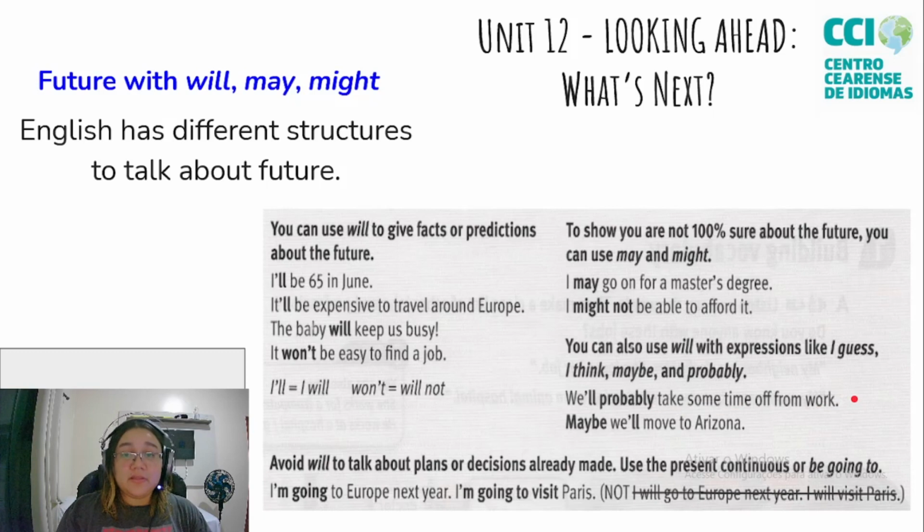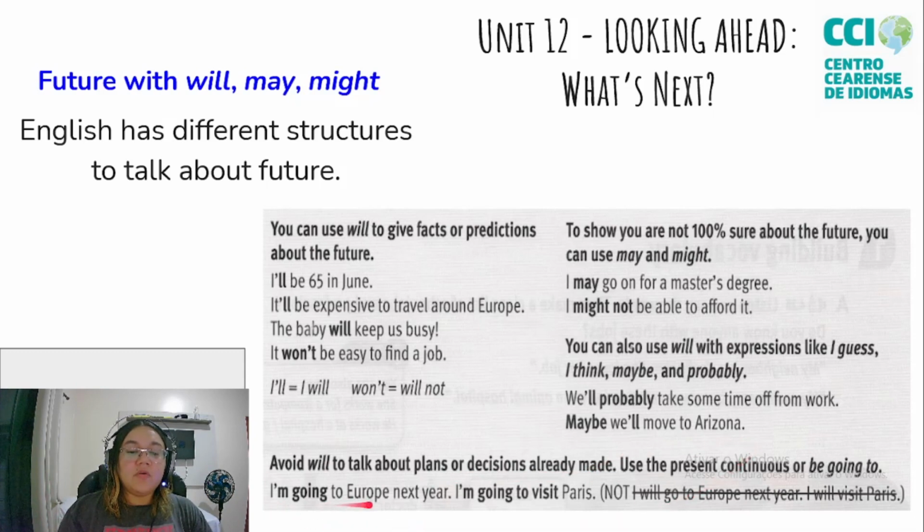It's a possibility. You can say, maybe we will move to Arizona. It's another possibility. But we don't use will when we're talking about plans that we have already made in the past. You guys studied this when you learned about the going to structure, right?